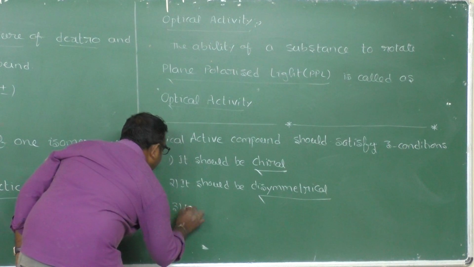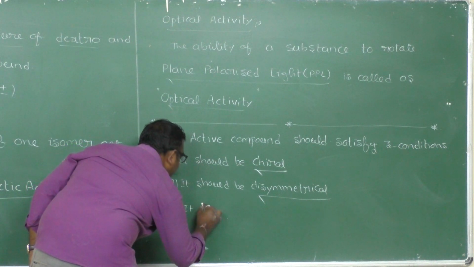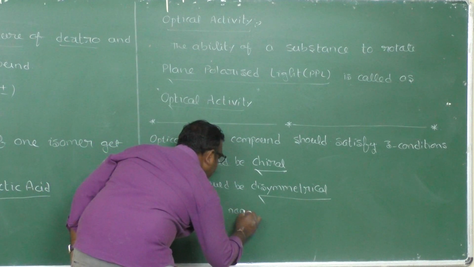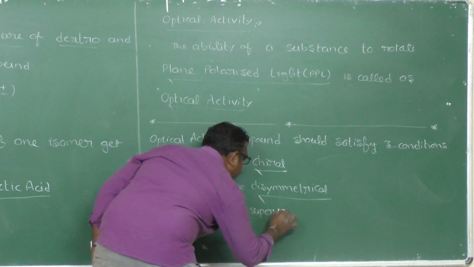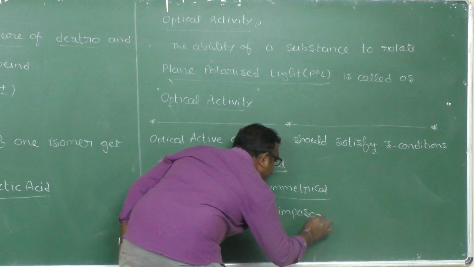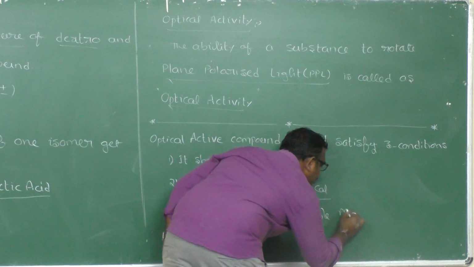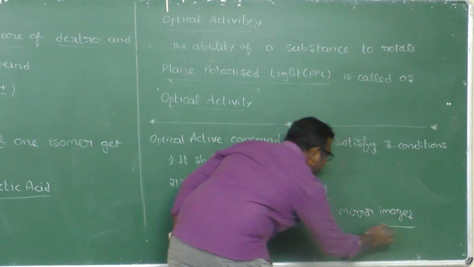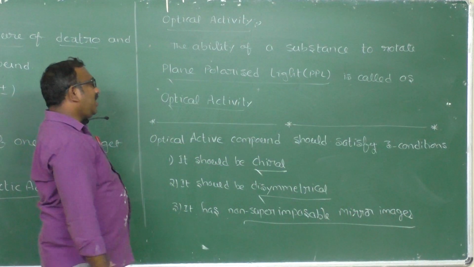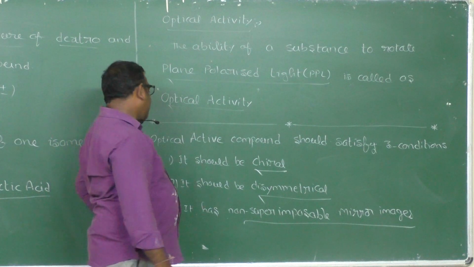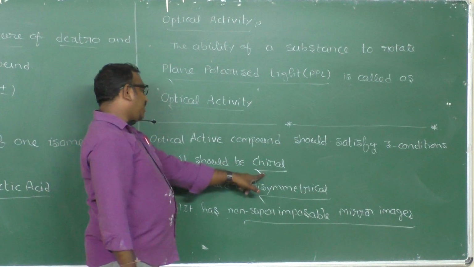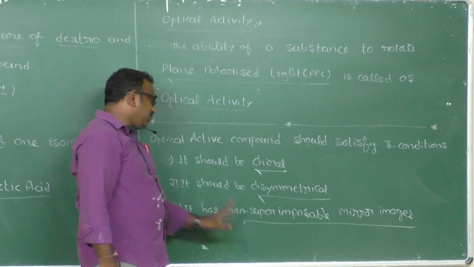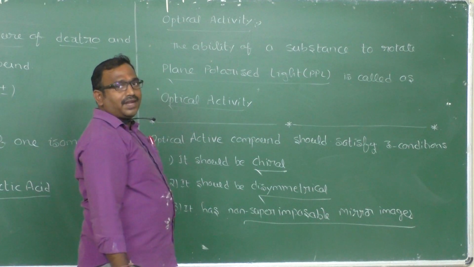Third, it has non-superimposable mirror images. So, an optically active compound should satisfy three conditions: first, it should be chiral; second, it should be disymmetrical; third, it has non-superimposable mirror images.